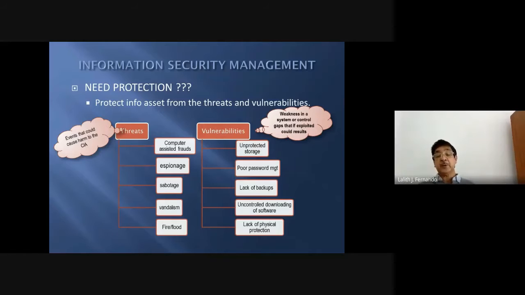And lack of physical protection. I think people feel this is the vulnerability in most cases, lack of physical protection. But in addition to the lack of physical protection, there are several other things which can become a vulnerability. Unprotected storage, poor password management, lack of backups, uncontrolled downloading of software, lack of physical protection. Now, I think you can have a mental picture on these things.